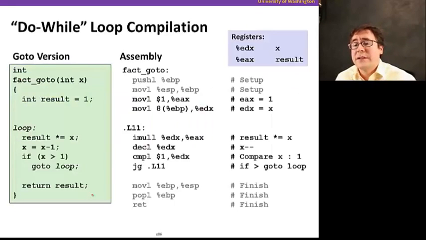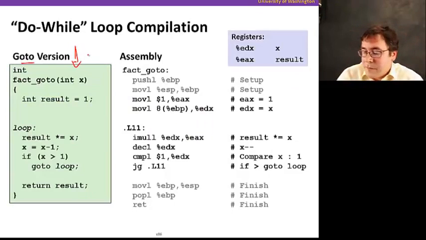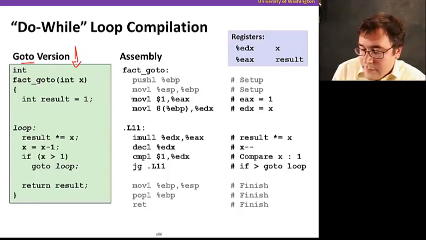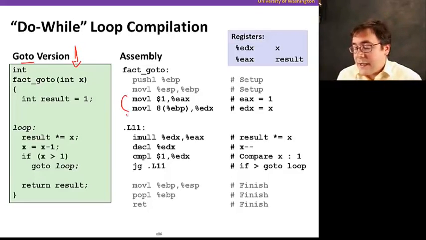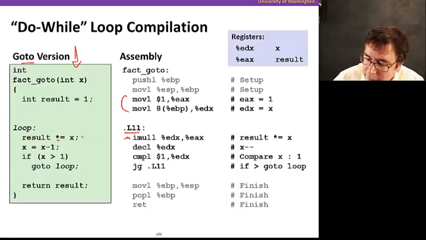So let's see how we compile this example. Here we have our loop using the goto version, and here's our assembly version on the right. This is just setting EAX to 1 and loading x into EDX. And this .L11 here is just a label for the beginning of the loop. Here we're executing the multiply instruction for this multiply here.